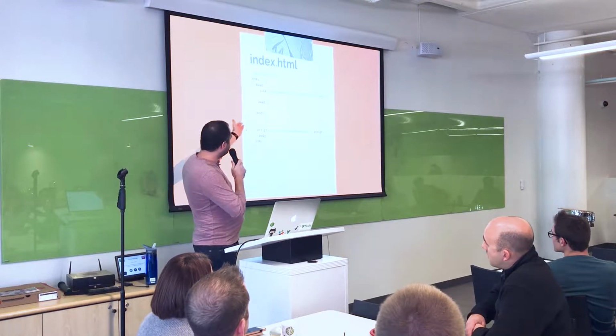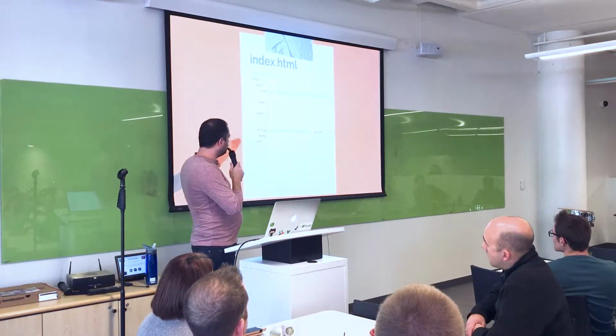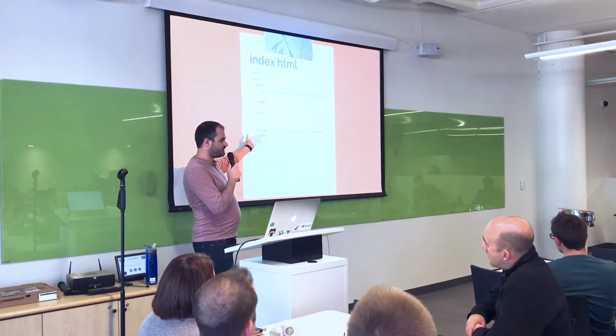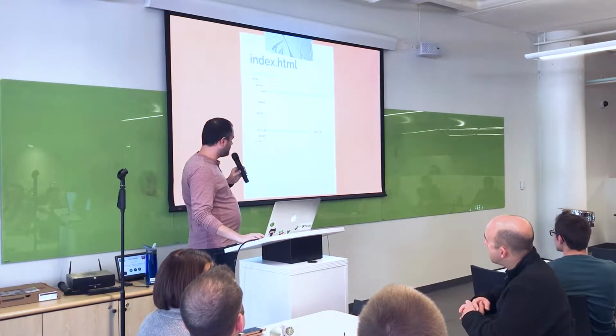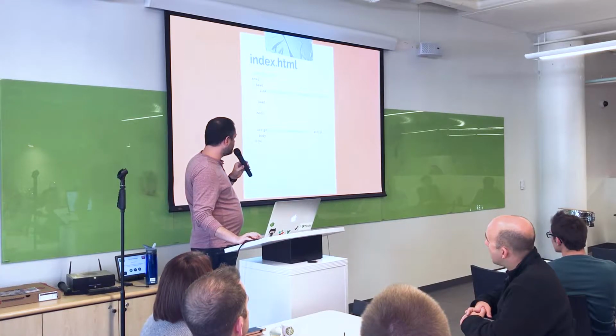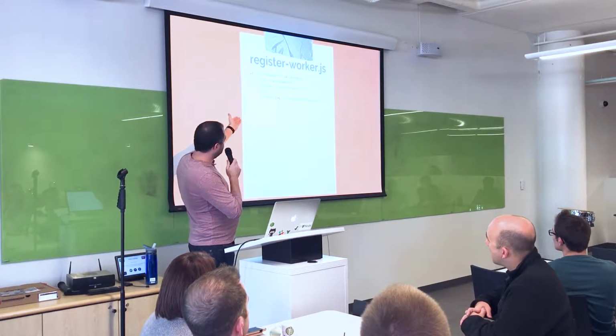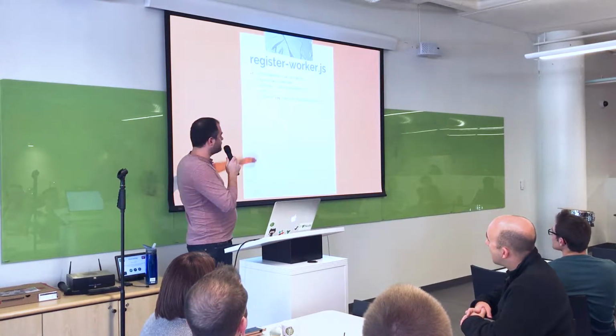So here in our index HTML example, to load our service worker, we just had a script tag that references this register worker JavaScript file, which we'll look at right here in a second, to register and install the service worker.